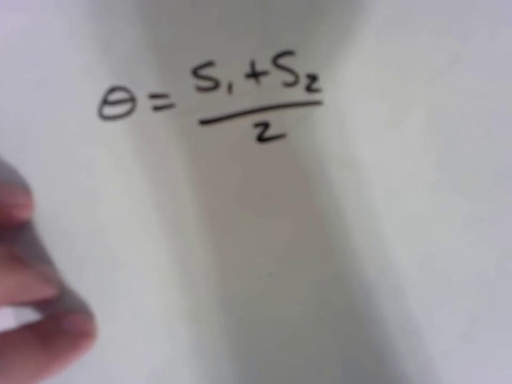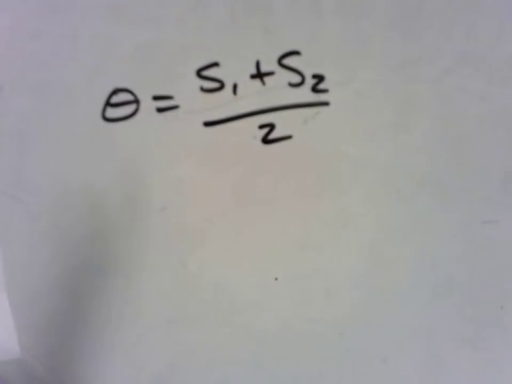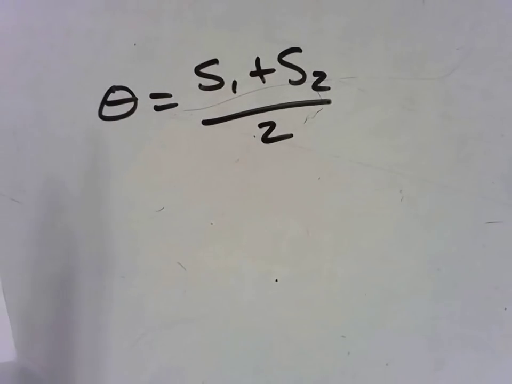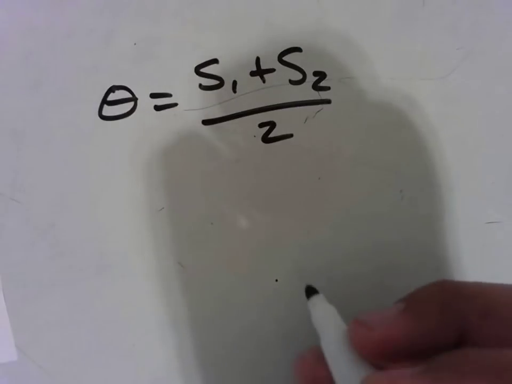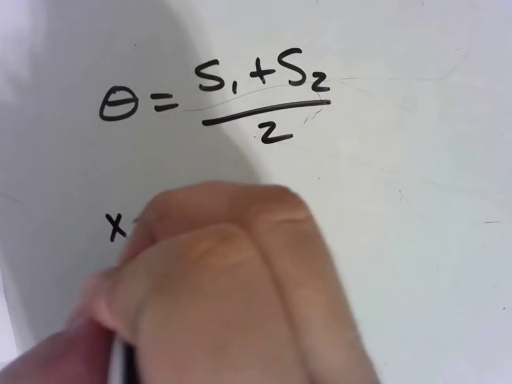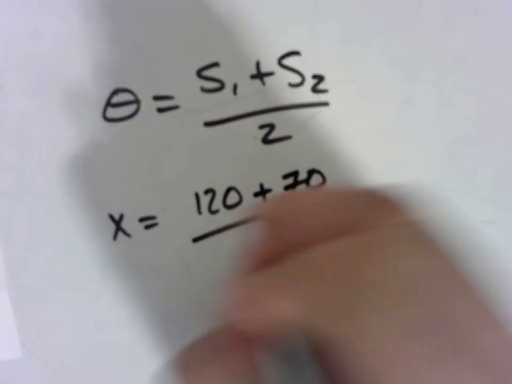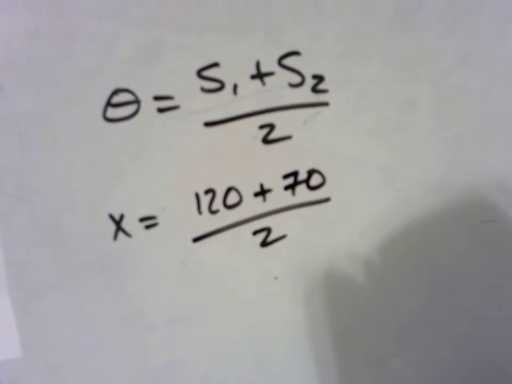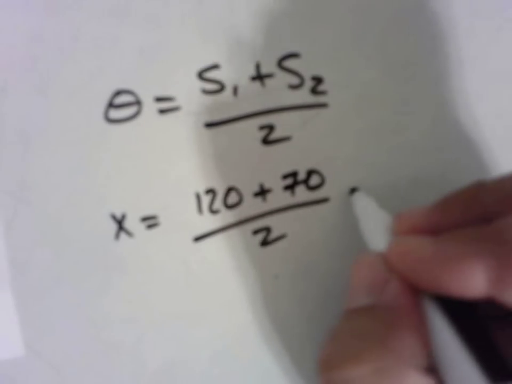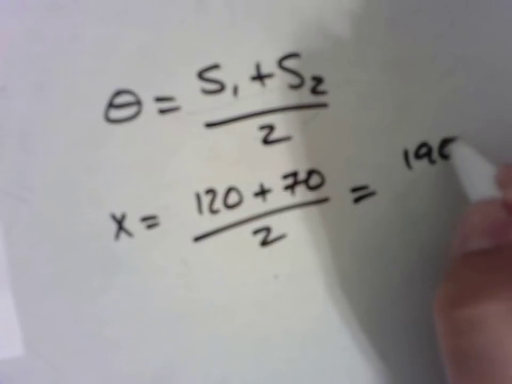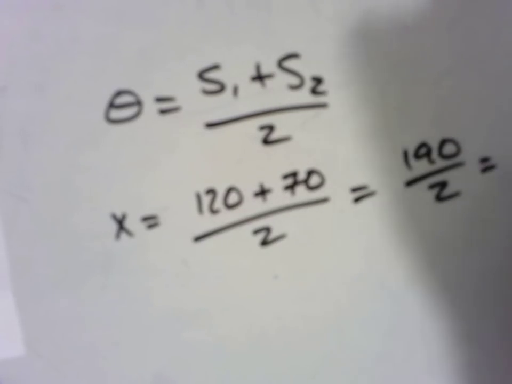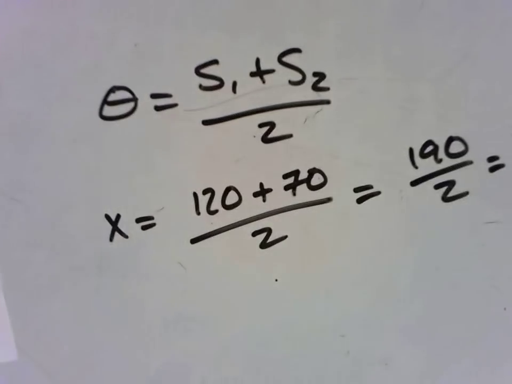In my picture, theta is my x. Arc1 was 120, arc2 was 70, divided by 2. Very easy, very straightforward. This becomes 190 divided by 2, which is going to be 95 degrees.